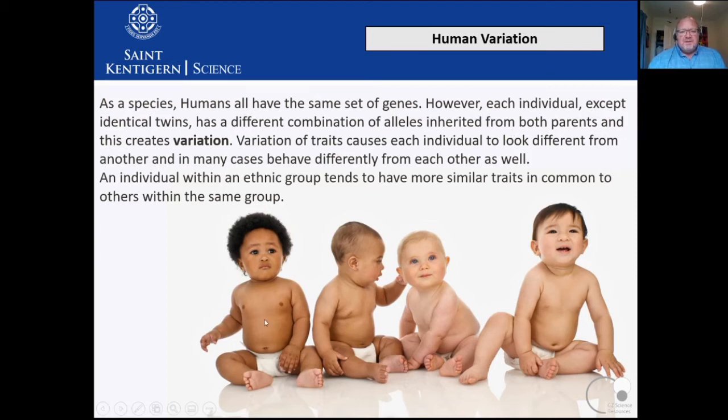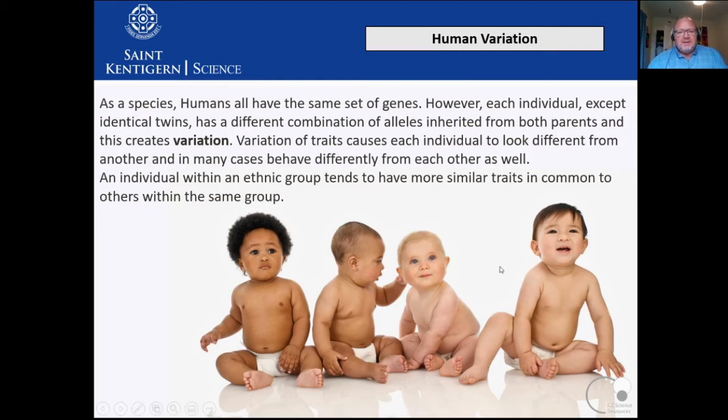But the difference between that child's skin color and this child's skin color is only 12 genes. Okay? And in every one of our cells, we've got 20,600 genes. So 12 out of 20,000 is nothing.